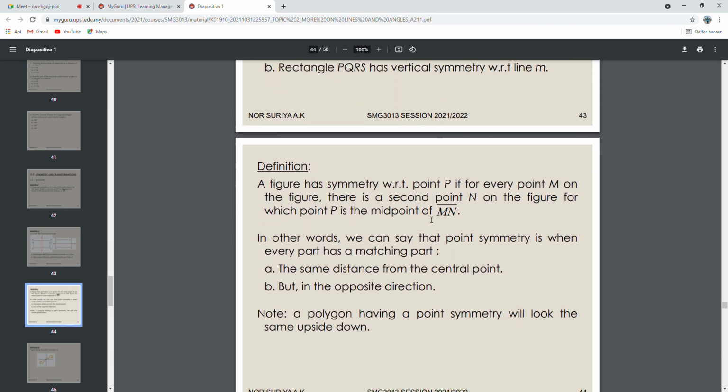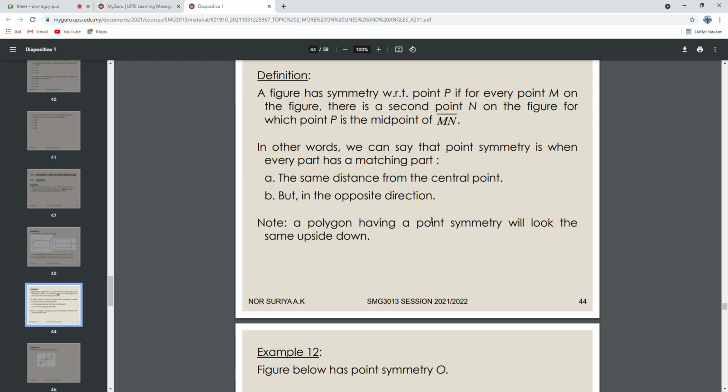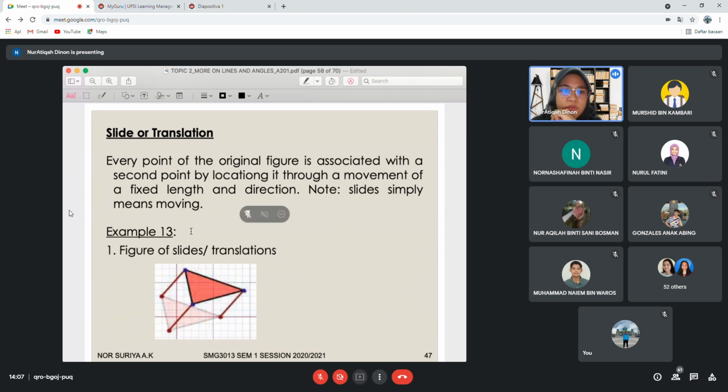Let's look, for example, at slide or translation. Every point of the original figure is associated with a second point by locating it through a movement. So when we slide, there is a movement of a fixed length. For example, if we slide or move 5 points, then all the points are going to move 5 points from the original one.